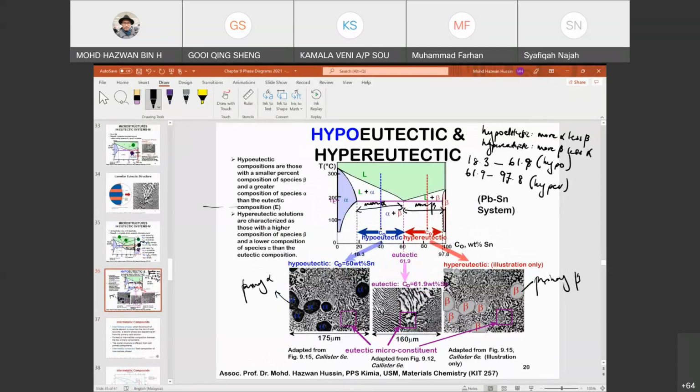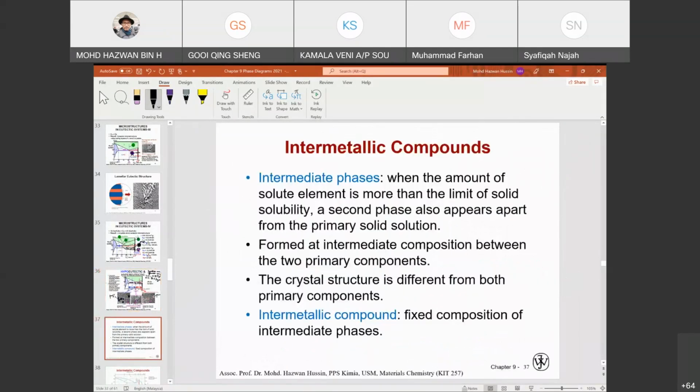So what does it mean by hypoeutectic? Hypoeutectic means that you have more composition of alpha and very less composition of beta. Meanwhile, for hypereutectic, it means that you have more composition of beta and less composition of alpha.